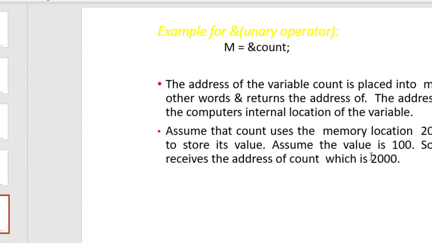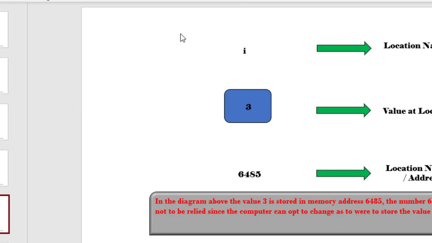Assume that 2000 is the address of the variable count in memory, and 100 is the value of that variable in memory. As you see here, that's the variable name, that's its value, and that's the address of that variable in the memory location.